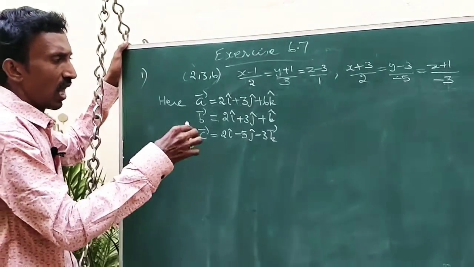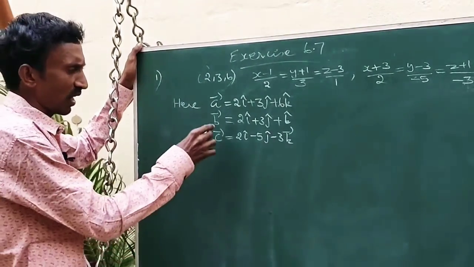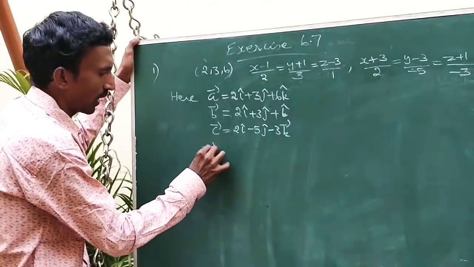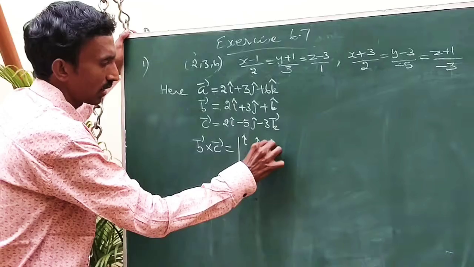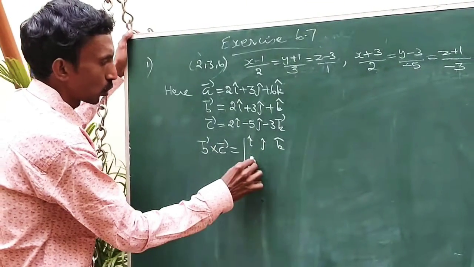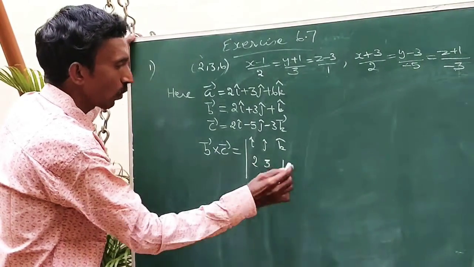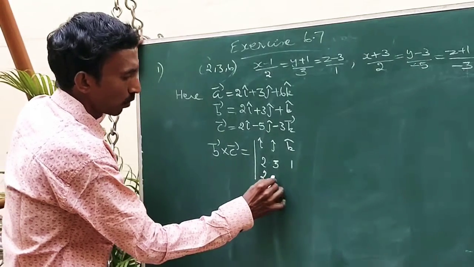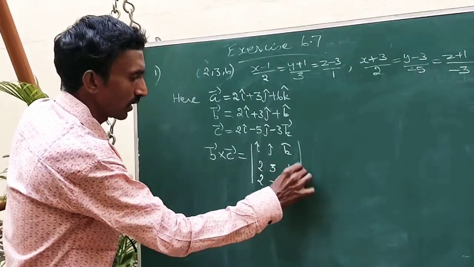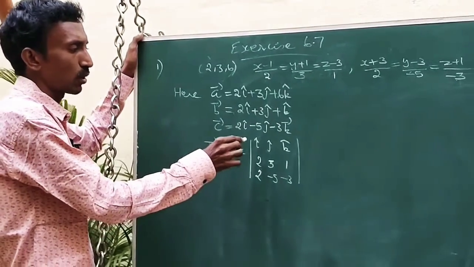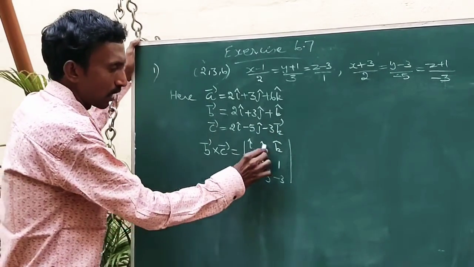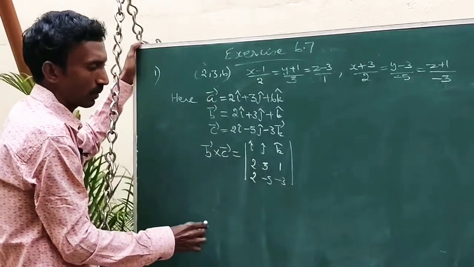But for an easy way, first find B cross C. So determinant method: i, j, k, then B: 2, 3, 1 and C: 2, minus 5, minus 3. As usual, expand with respect to the first row. Delete the row and column in which that element is present.